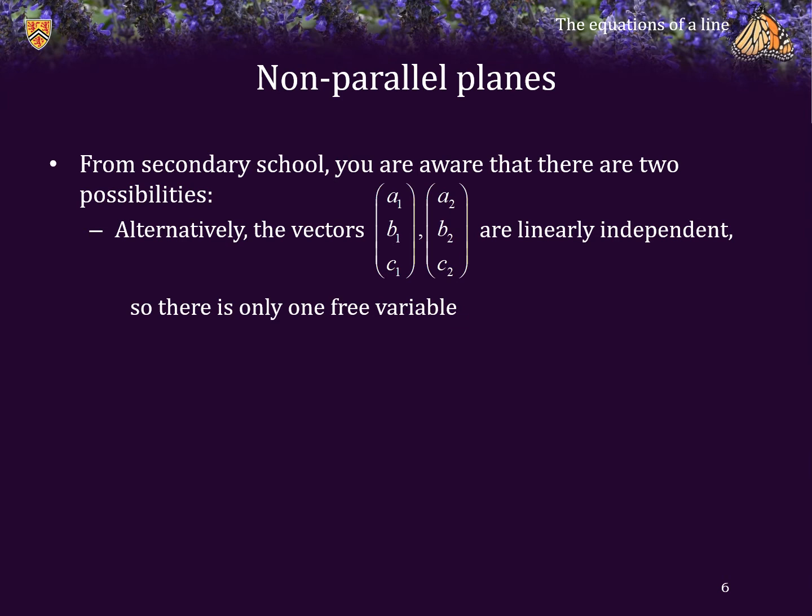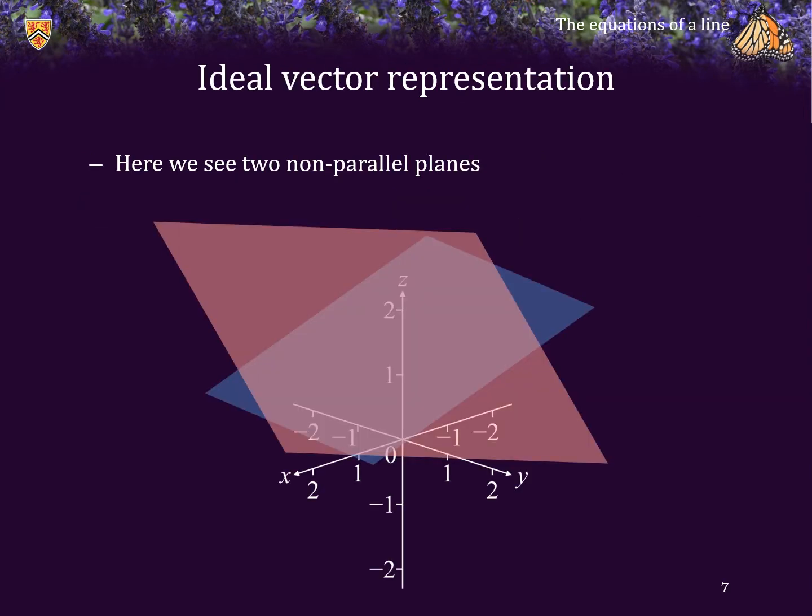If the two vectors are linearly independent, you also know from this course there's only one free variable. That one free variable describes a line. All right, here we see two non-parallel planes. There is the line that intersects those two planes.